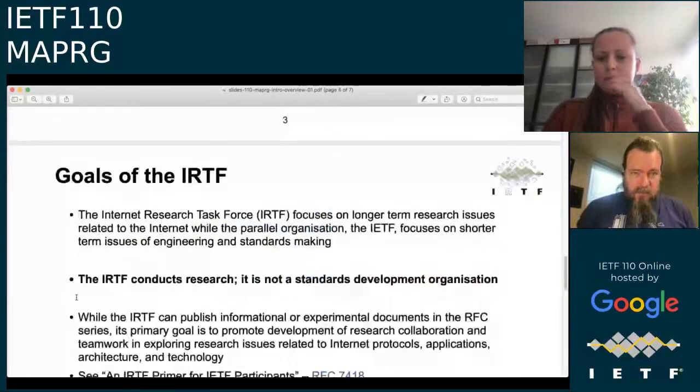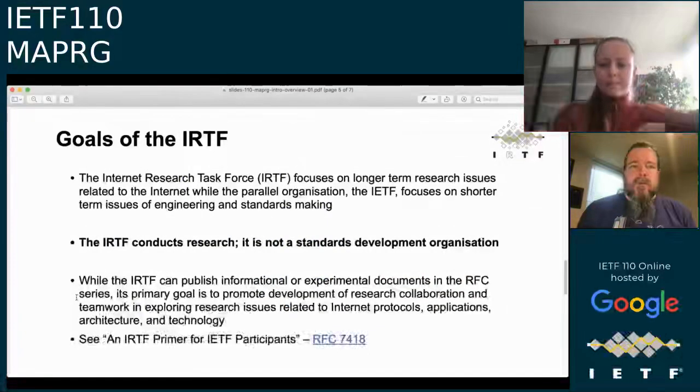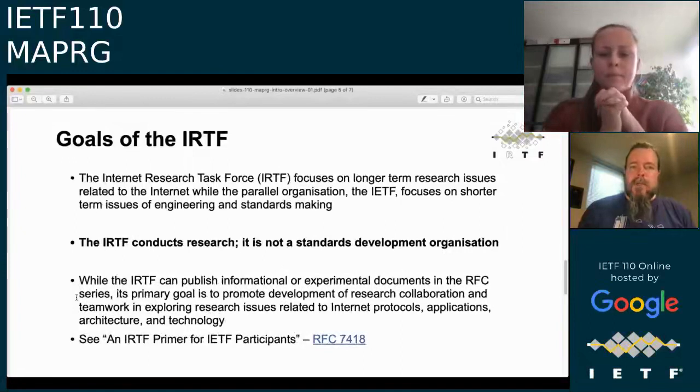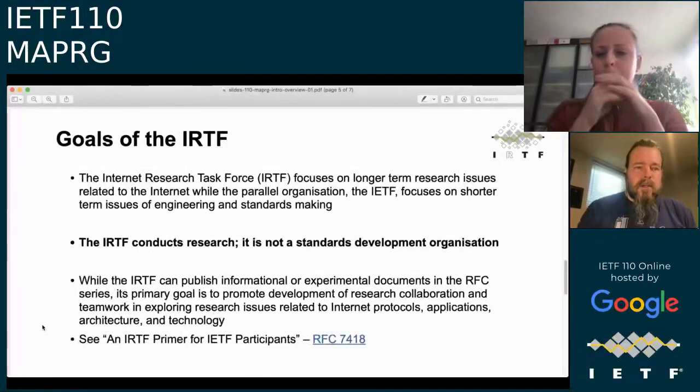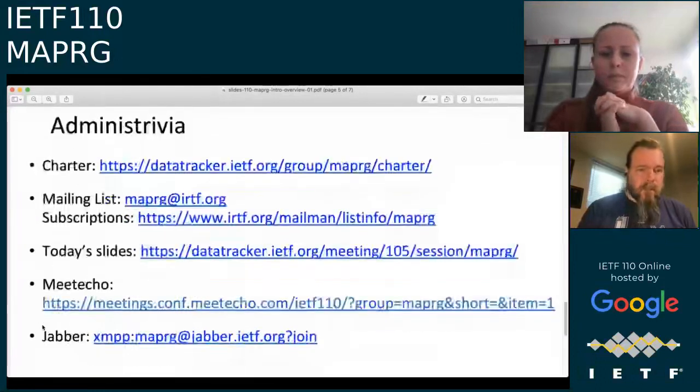But look at that if you need to know anything about the details. Here's a slide about the goals of the IRTF. For those of you new to it, and I think maybe we have a couple speakers that haven't visited us before, the IRTF conducts research. It's not bound by the same rules as the IETF, but we largely focus on research that has to do with IETF things, and we happen to meet co-located or coincidentally with the IETF.